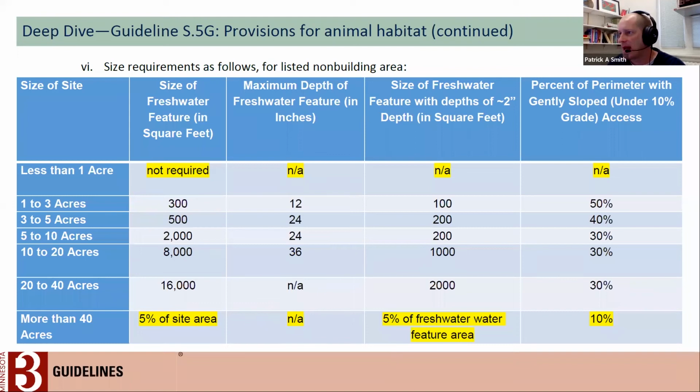One piece here, and I have this noted at a subsequent slide, but I'll just note it while I'm on this slide, is that we're also looking to bump up the maximum here because there's a conflict that some teams have identified between having these shallow, year-round accessible water features and the fact that year-round water features typically need an aeration or a water-moving device that doesn't work well at those more shallow levels.